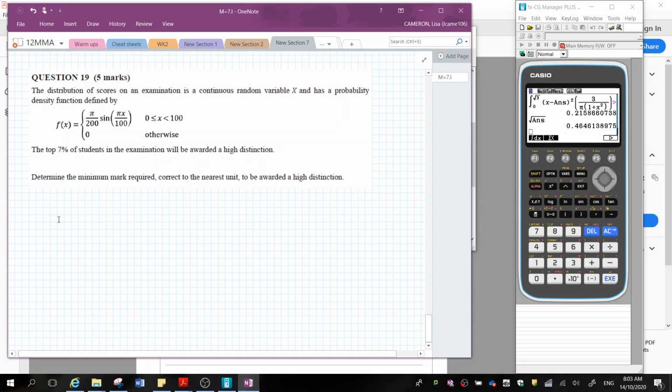Okay, so what it's actually asking us to get, it's saying these are continuous random variables. So if we were going to be looking at the normal distribution of this, where is that 7%?